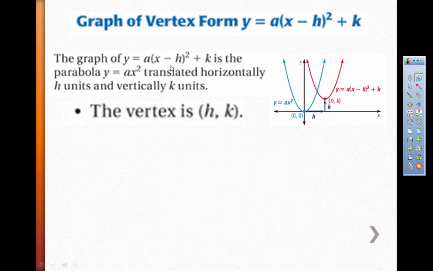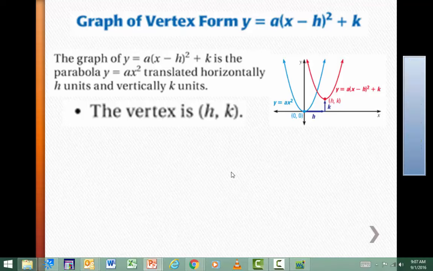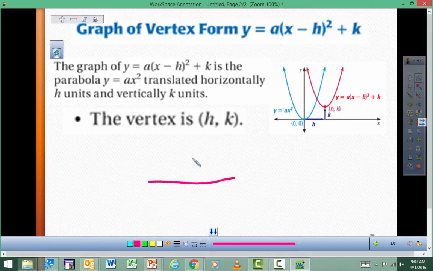What happens is, remember, we have what's called a parent function. The parent function starts off at the origin. But what we're going to do now in this setup is translate the parabola.